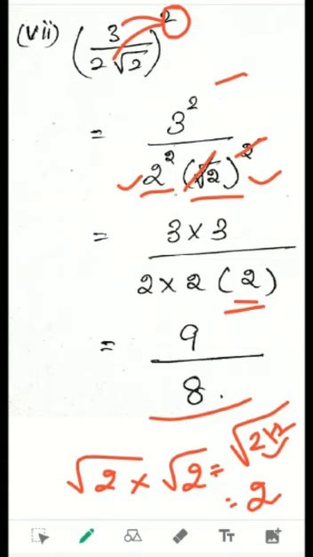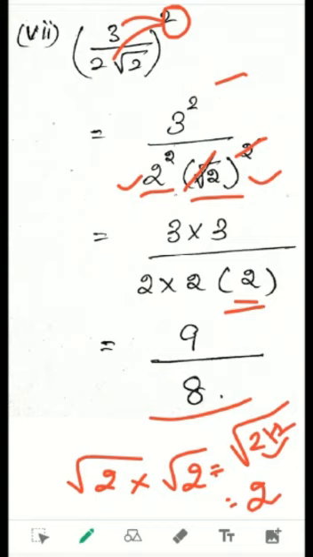To find the value, in the sense of just squaring the number, if it is in fractional form, raise the power to the numerator as well as the denominator. In the denominator the numbers are in a product, so we separately raise both numbers to the power 2, take the square for the number and simplify. Then you will get this answer.